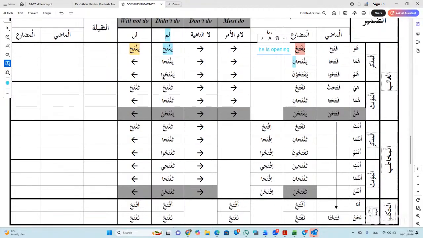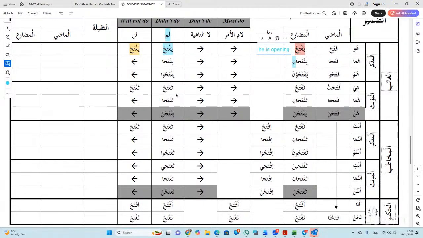The alif is coming to protect this waw here, so that it doesn't get confused for the meaning of 'and'. And then singular female lam taftah, what's happened here? The dhamma turns into a sukoon. Excellent. Go through the whole list with lam yaftah and translate as well.